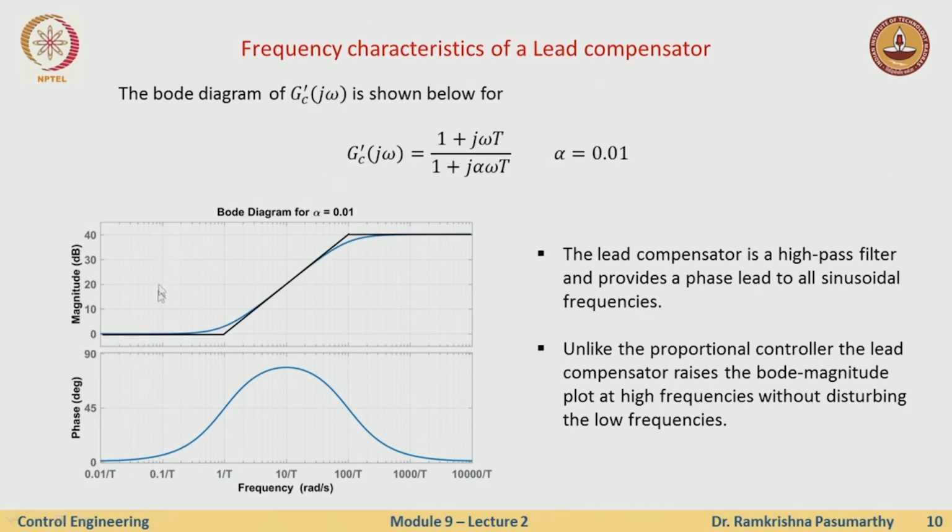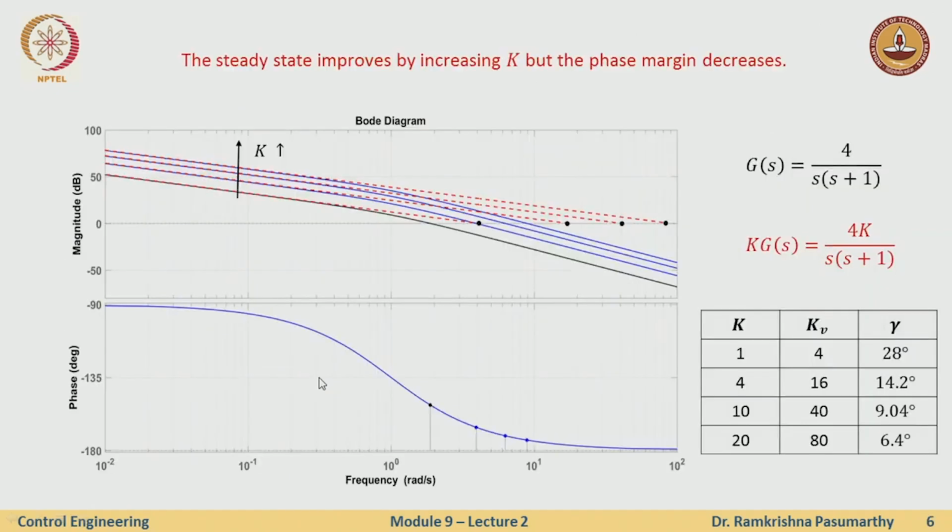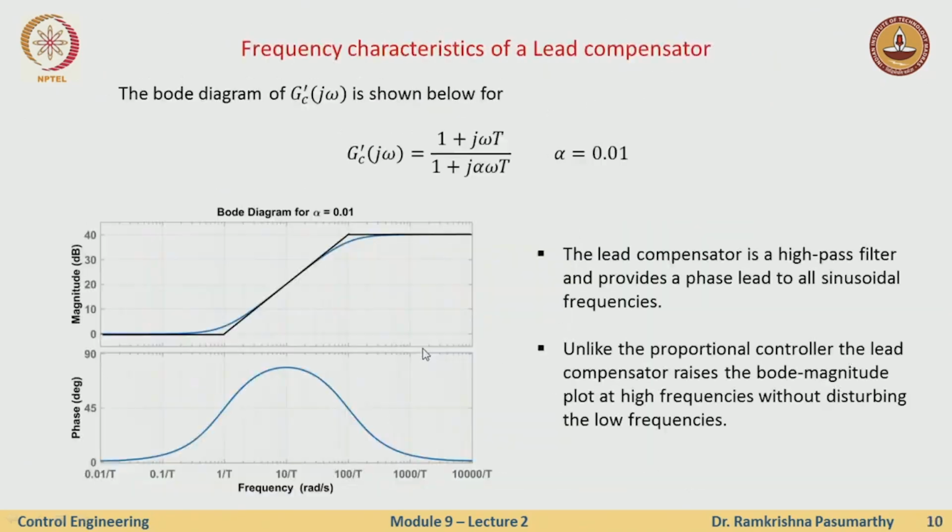So, I am not really interfering with the low frequency region. However, here I see that the phase margin should increase, which means this plot should be pushed a little up to ensure a bigger phase margin, and this curve here ensures that I push the phase plot slightly upwards, so that I have the desired phase margin.